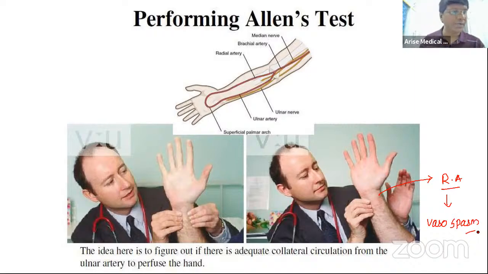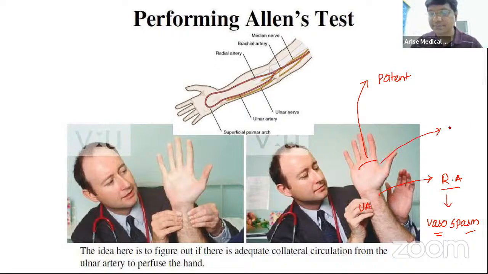So once the radial artery goes into a state of vasospasm, if your palmar arch is patent, then the ulnar artery will supply blood to the lateral aspect of the hand as well. Why? Because the radial artery has gone into a vasospasm when you have done your arterial blood gas analysis.